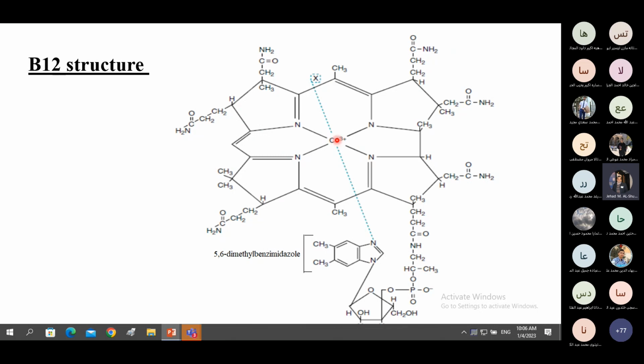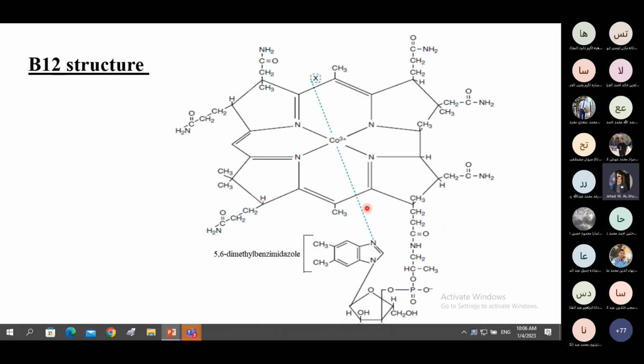Cobalt makes 6 coordinated covalent bonds. How many? 6. Four of these bonds are to the nitrogen of the pyrrole rings: 1, 2, 3, 4.